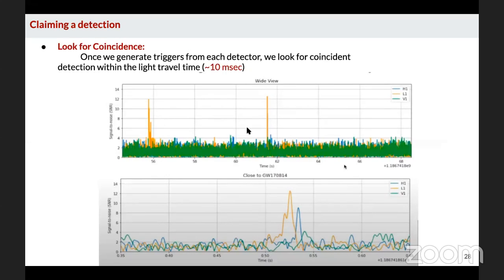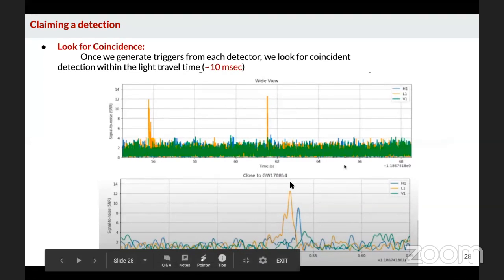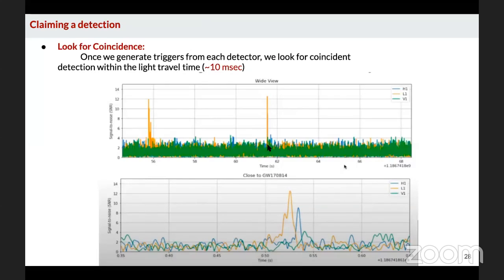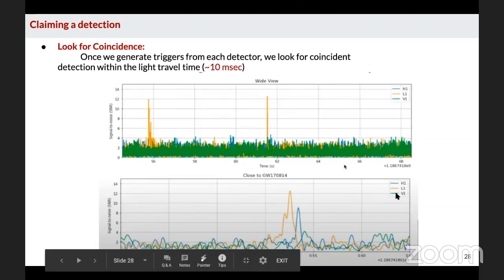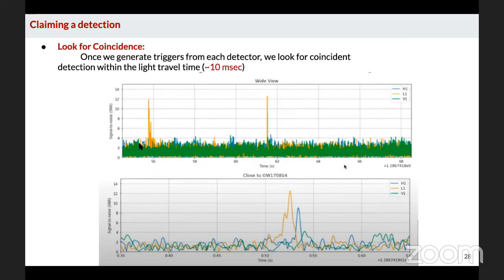Now, if we filter the signal to noise ratio, we see that the peak is appearing nearby. And if we compensate the time delay of 10 milliseconds between all the detectors, we say that there is a detection, and this is astrophysical in nature. Any other signal which appears, which is not coincident, is considered a glitch and is discarded.